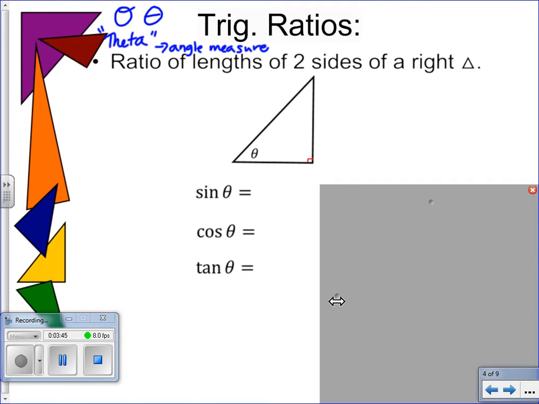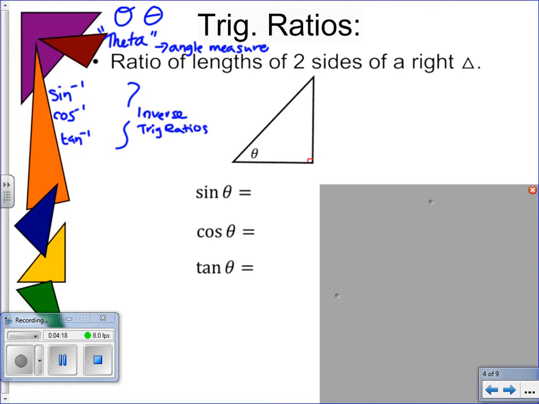Is anything else coming to mind about sine, cosine, and tangent? Justin? Oh, there are some other ones, and they're not the other 3 trig ratios that we're going to talk about, but you are thinking, he says, of the -1. These are inverse trig ratios, and they're actually going backwards.